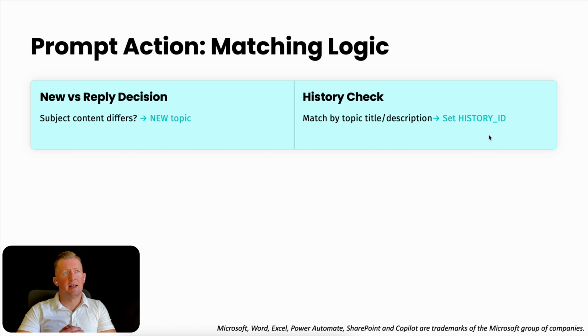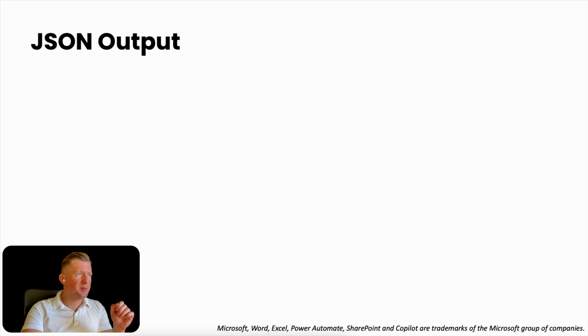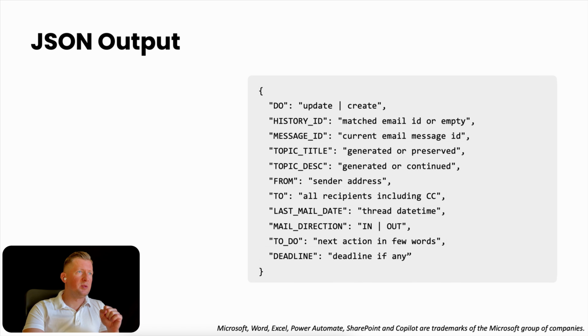That means that the message ID of this previous task in the Excel table will be the history ID, and the message ID parameter in the JSON will be the message ID of the current email. The inputs I showed you, and the JSON output, depending on whether it's a new or an already existing task, we need to update or create a new task.